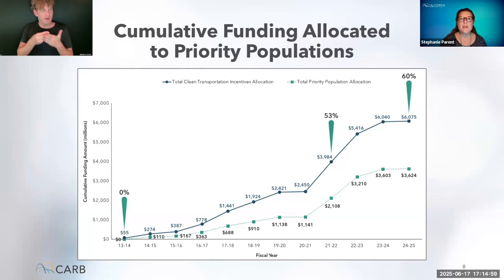In fiscal year 2021-22, 53% of funds benefited priority populations. And for the past 2 fiscal years, 60% of funds benefited that same group. While only the Greenhouse Gas Reduction Fund requires a priority populations target, we apply the target to all the investments we make through the Clean Transportation Incentives Program.